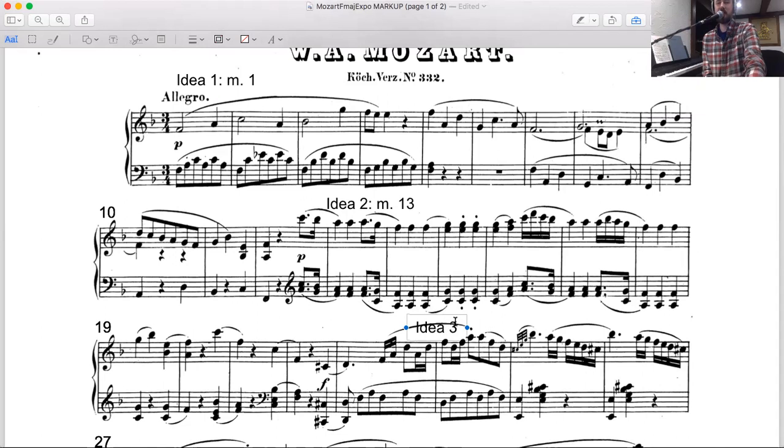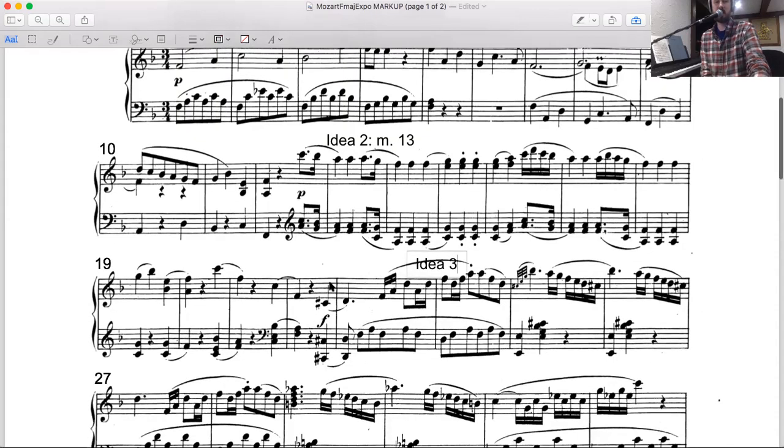So idea 3 here is this cool, intense D minor thing with these cool diminished chords. So that's really cool. That's measure 19, 20, 21, 22, 23, where that really starts. Idea 3 is measure 23. So we've already got 3 distinct ideas, and we're only 23 measures in.